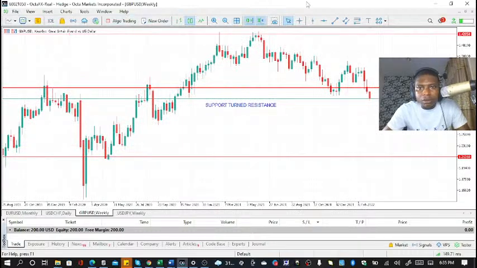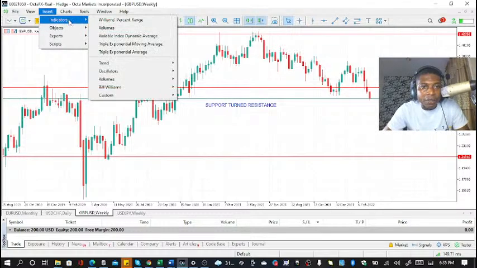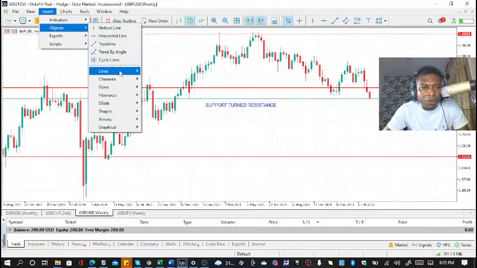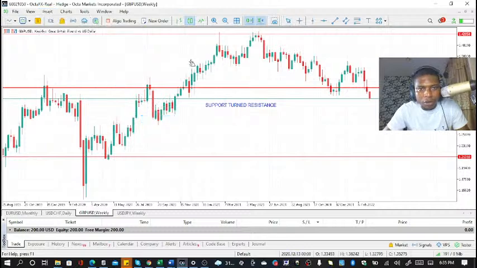Now, let's put a shape at that level so we can have something that makes this obvious. This is a weekly time frame, right? Okay.